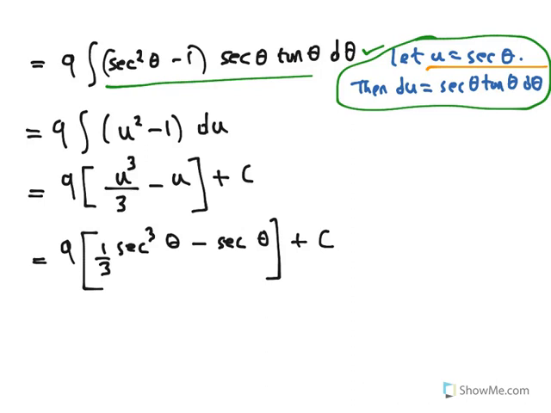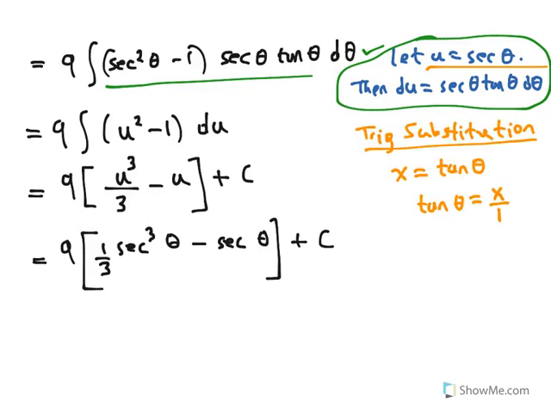So the next thing that you can do is go back to x. And the way you go back to x is by referencing your trigonometric substitution from the beginning of the problem. So our trig substitution was x is equal to tangent theta. So tangent theta is equal to x over 1.